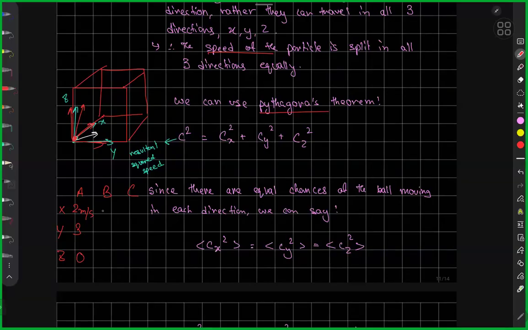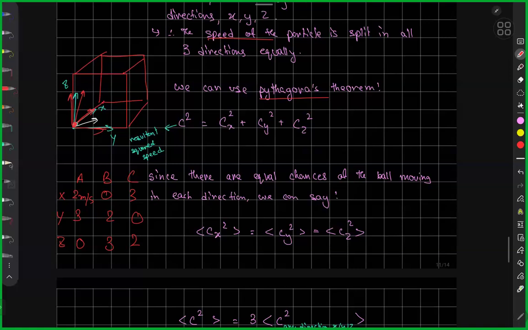And B has 0 speed in the x direction, 2 in y, and 3 in z. And for C, it has zero speed in the y direction. It has 3 meters per second in the x direction and 2 meters per second in the z direction.